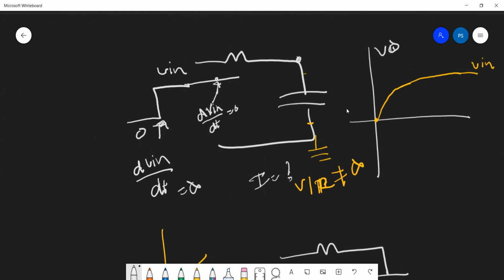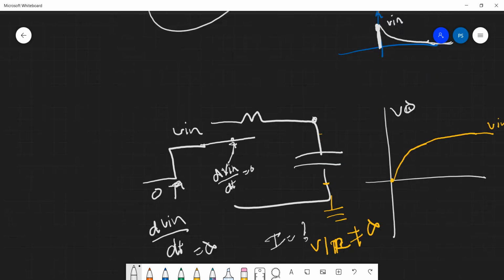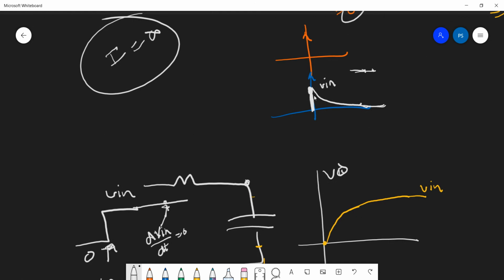Whenever you give an excitation to the system, or a change dVin by dt is applied, the circuit, with its own time constant, has to respond to that. For example, here the time constant is deciding the response time. Similarly for impulse response, there is a sudden excitation, and then it is slowly settling down to 0. This settling is decided by the time constant.